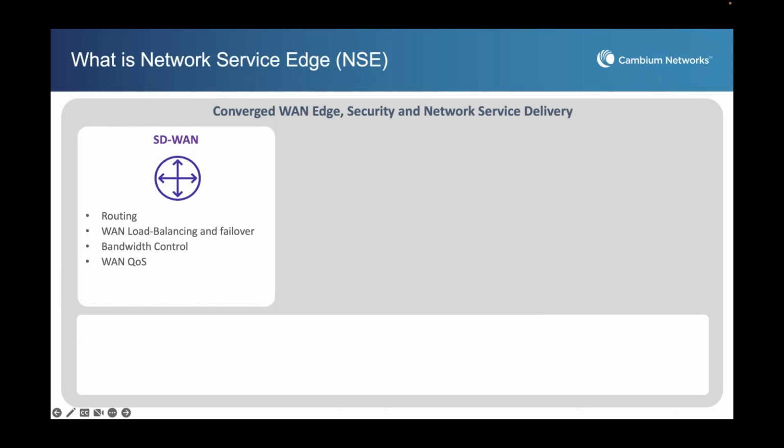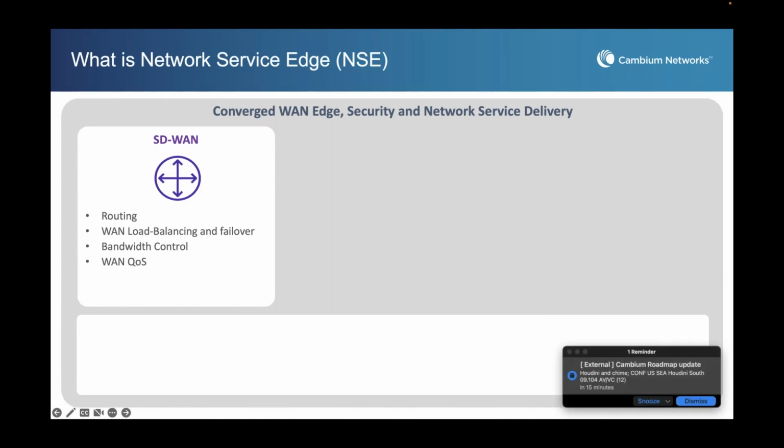So your Netflix could get lower bandwidth, or maybe just assign that to one particular WAN link. Your video calls can get higher priority, and so on. You get the point, right? So with two WAN links, you can load balance. Based on application types, you could do bandwidth control and apply QoS policies. So that's one pillar of this platform.